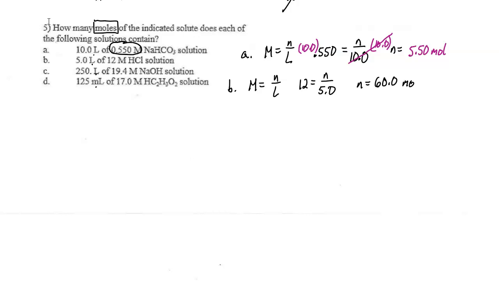And the label is moles. Question C, same formula. The molarity is 19.4. The number of moles is unknown. The liters is 250. To solve for N, you multiply by 250.